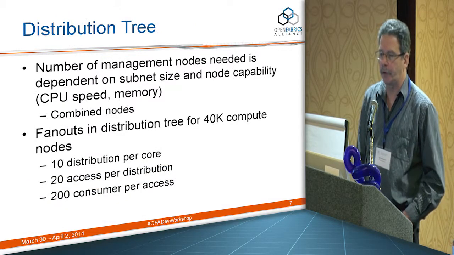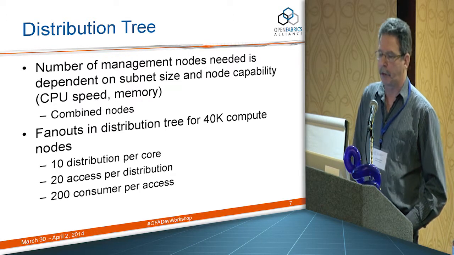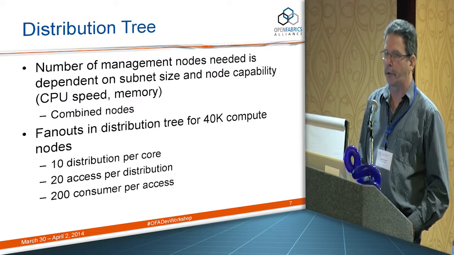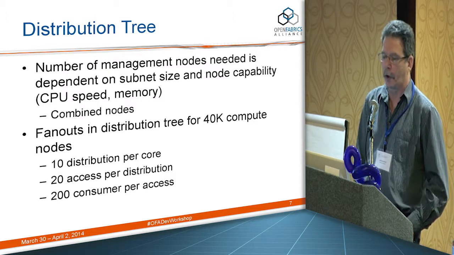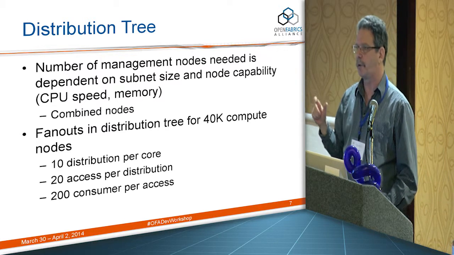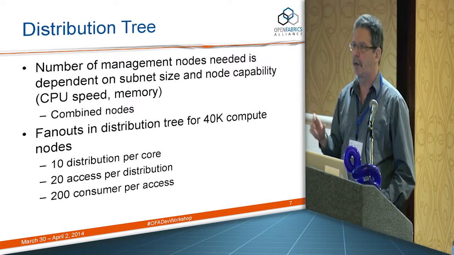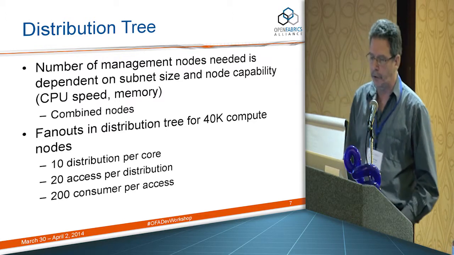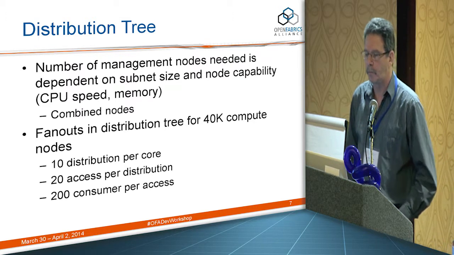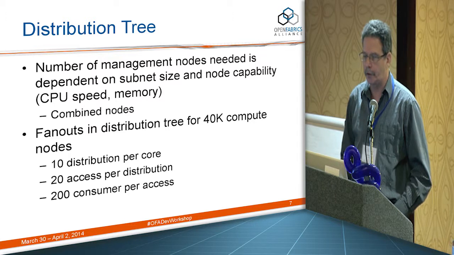The number of management nodes that you need in that tree that I showed is dependent on the subnet size and the node capabilities that you're using for this. We also added in a feature that we call combined node support, where you could, for a smaller network, if you wanted to deploy this, you could combine different combinations of the layer in one node. So you can play with this in smaller networks if you don't want to dedicate a host to the distribution tree.